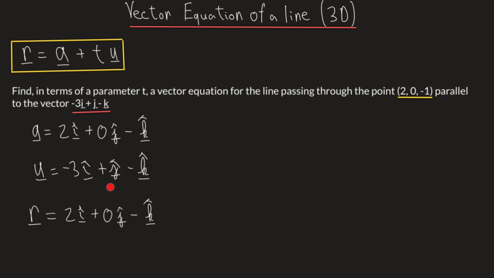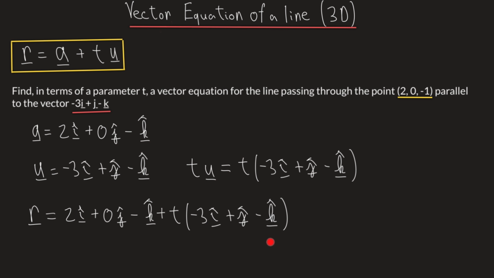Since u is given by this expression over here, tu will be t times the individual components of our vector u. Ultimately, we get the vector equation of our line over here, where this part represents our specific point A, which is written out by the position vector a, and this is our direction vector u.